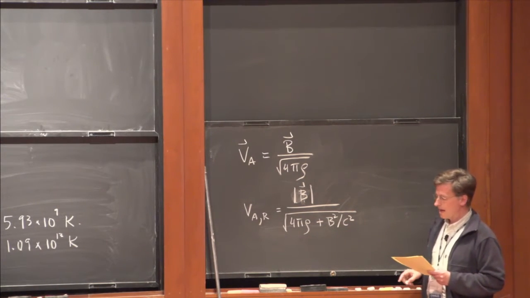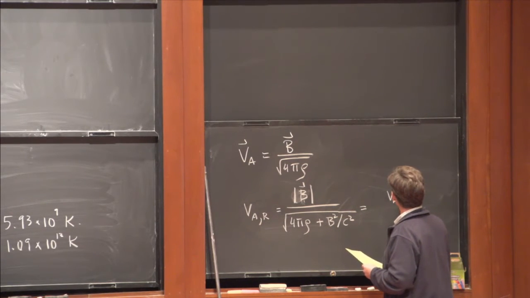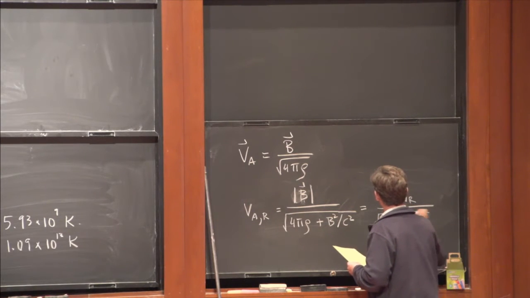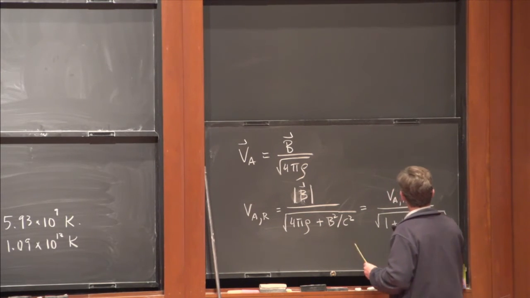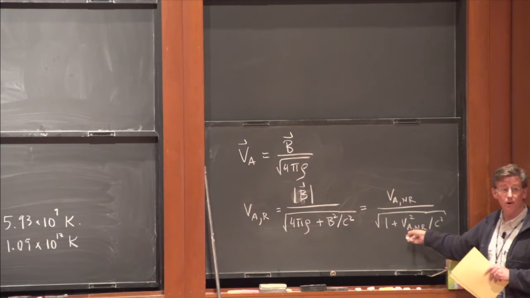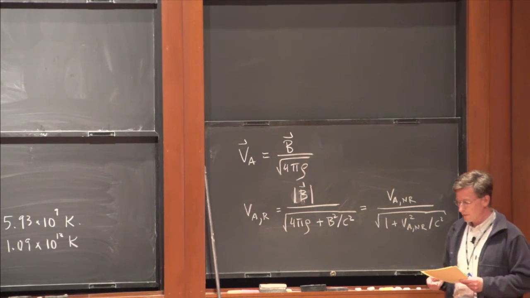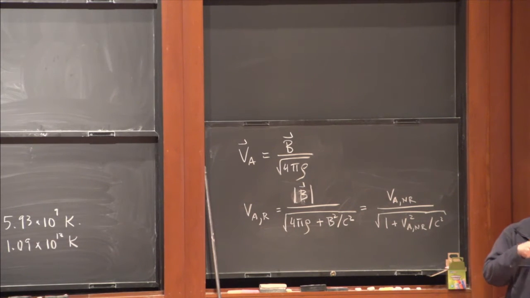Okay. And this is just the non-relativistic Alfvén speed over the square root of 1 plus the square of the ratio of the non-relativistic Alfvén speed to the speed of light. Okay, so as the non-relativistic Alfvén speed goes to infinity, the relativistic speed goes over to the speed of light.